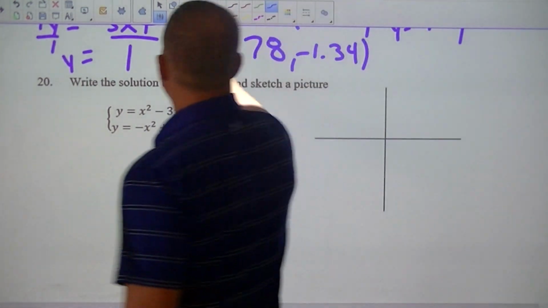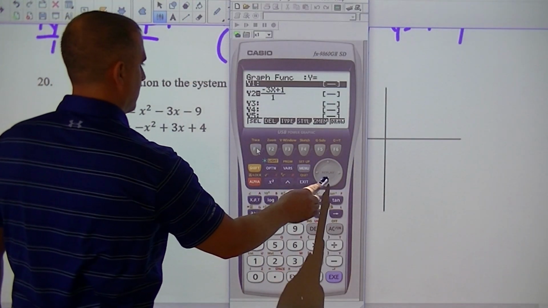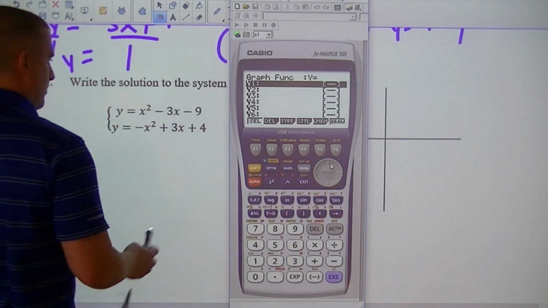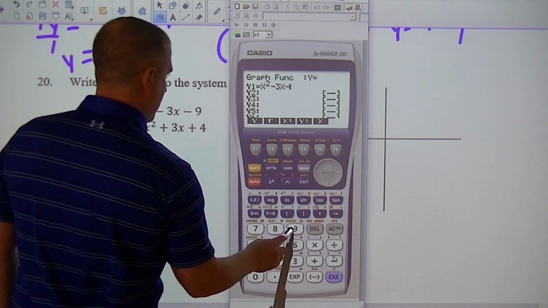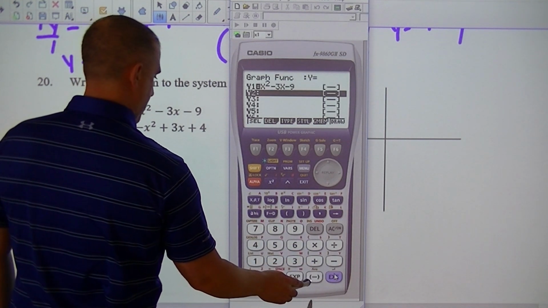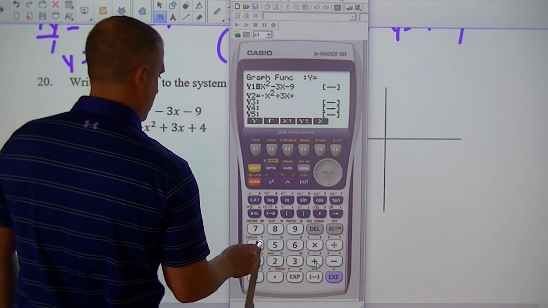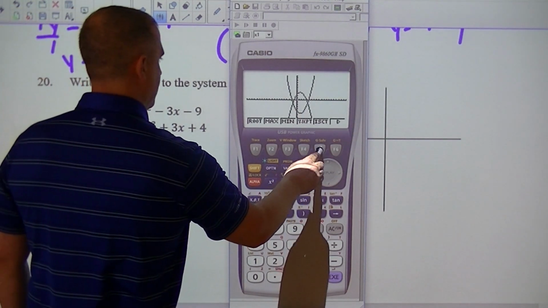Okay? So both are in y equals already, so I'm good. Okay? So I got x squared minus 3x minus 9. Okay, negative x squared plus 3x plus 4. I would draw it. Okay, G solve intersect.